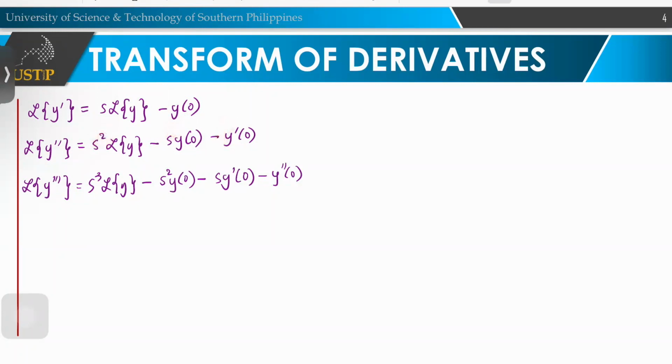But the second term always follows, y of 0. As we go to the next terms, the order of the derivative increases per term.